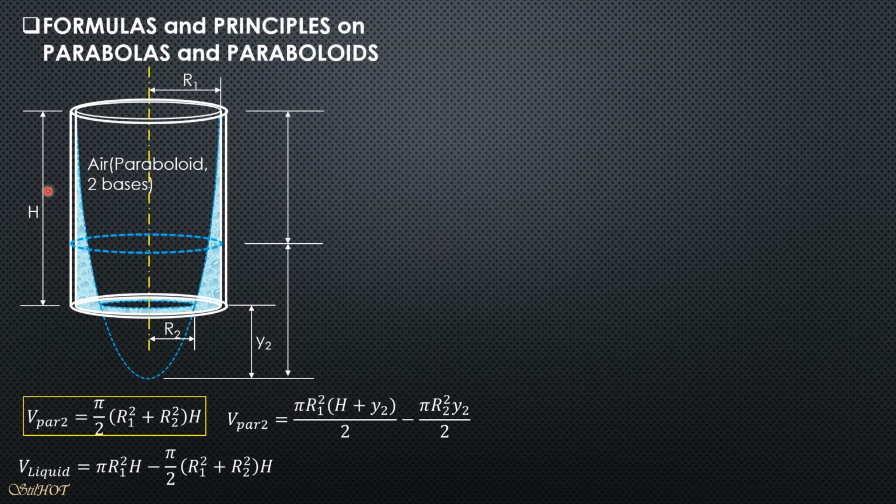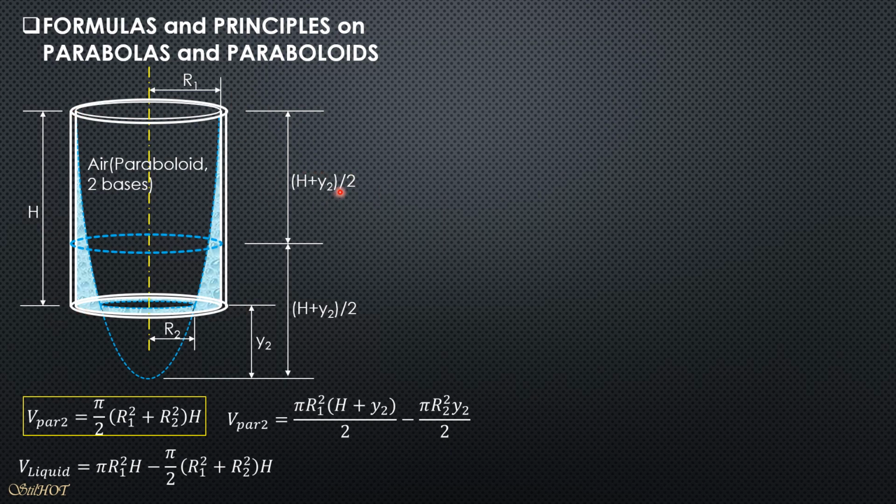In other words, if the total height is h plus y2, will this still be quantity h plus y2 over 2? Now, the answer is it's no longer true because of this portion of the paraboloid which extends beyond the right circular cylinder.